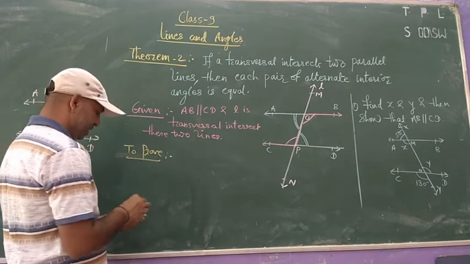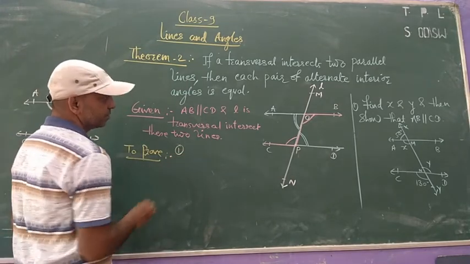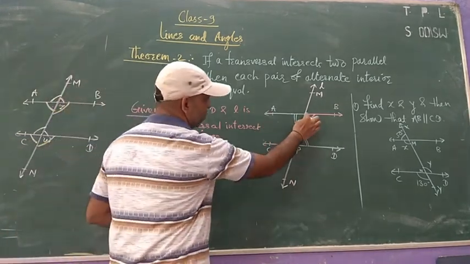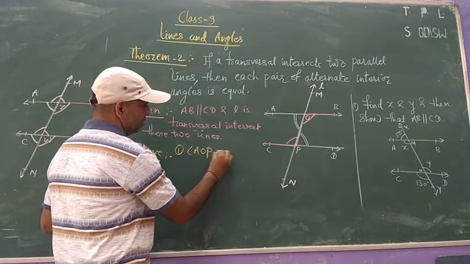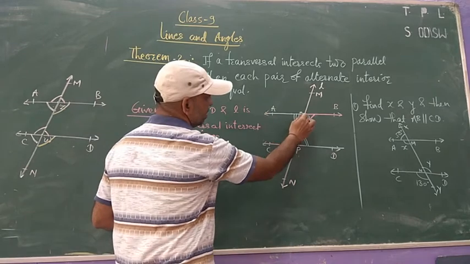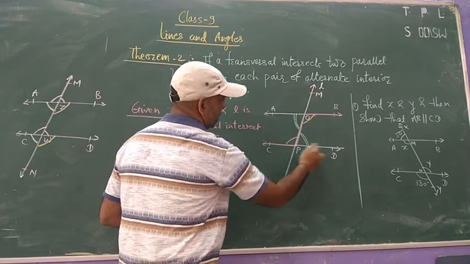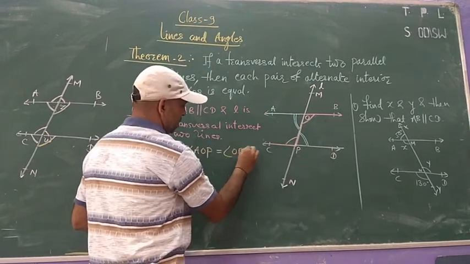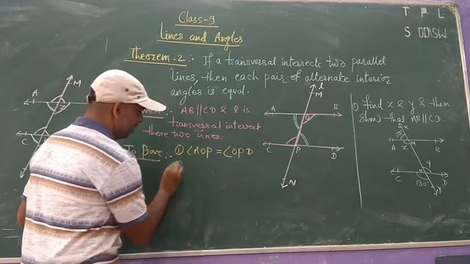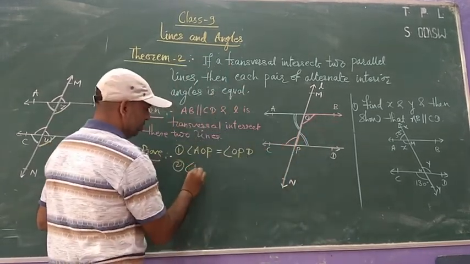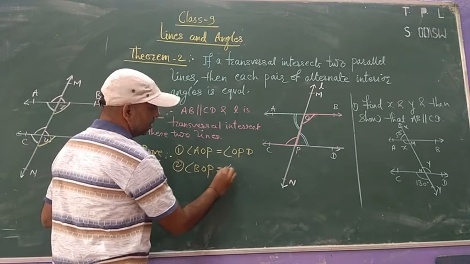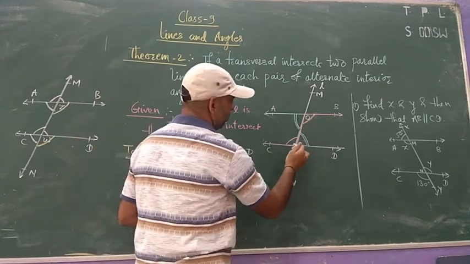Okay. So we have to show here first, angle AOP is equal to angle OPD, and the second pair is angle BOP is equal to angle OPC.